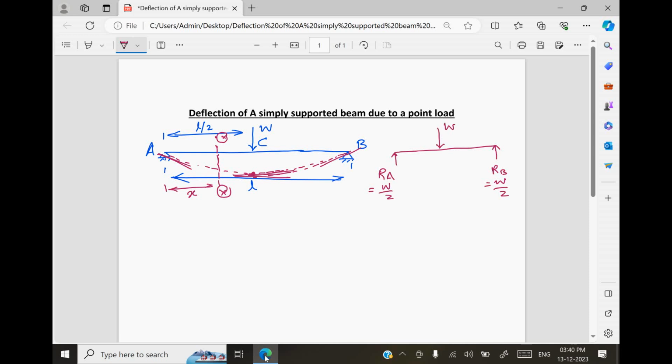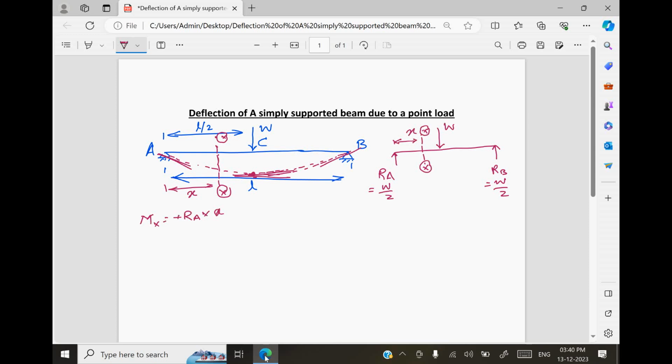This is W. If I want to find the bending moment at a section at distance X, the moment at X is equal to RA multiplied by X. Since the beam is bending upward, it is positive.